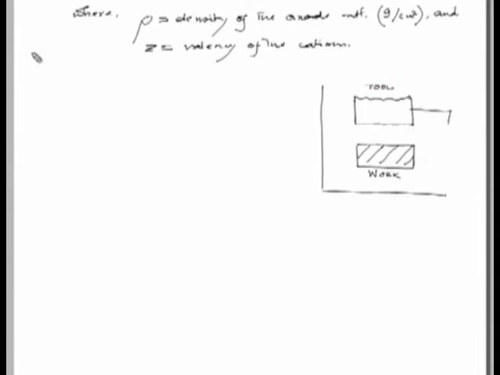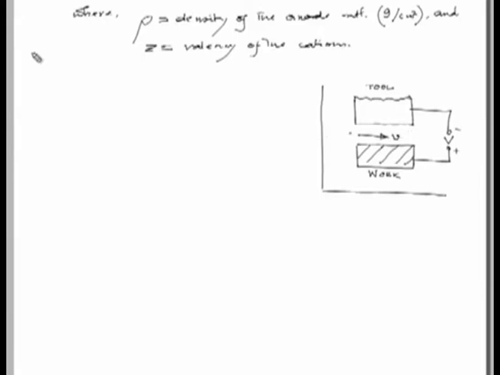They are being connected to an external source of voltage V with appropriate polarity, and this is the flow velocity of the electrolyte.